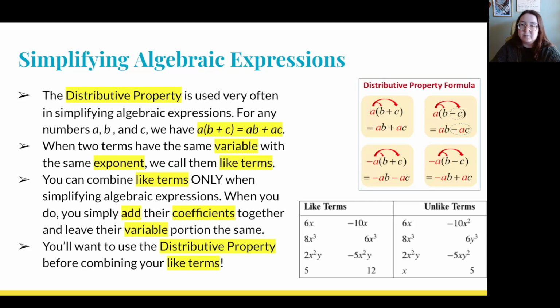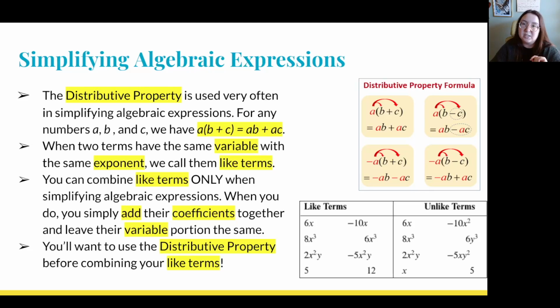So for our chart for the distributive property formula, starting there in the upper left-hand corner, we have a times b plus c. We see that a is highlighted in red there, and it's got those arrows. It's being distributed to each term, b and c. So when we distribute, we would get a times b plus a times c.